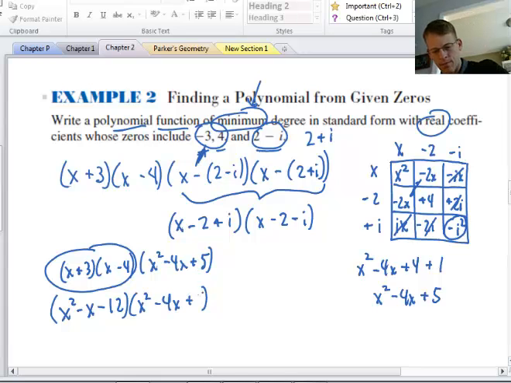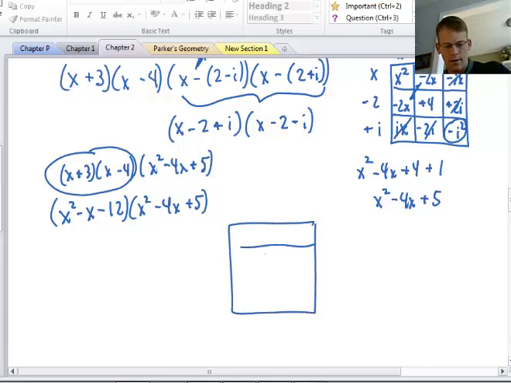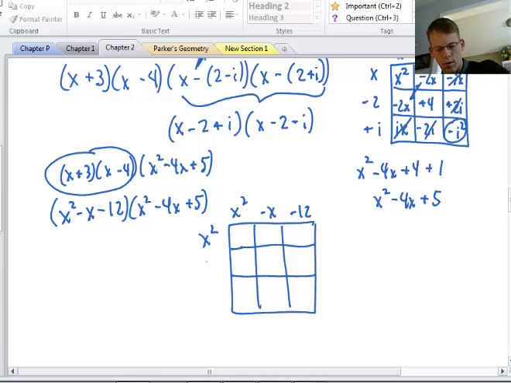In this case I can also do a box method if you want. If not, you can do it the way you want to do it, where you keep track of terms. But remember, you're going to have 9 terms, so minus x minus 12, and I have x squared minus 4x plus 5.